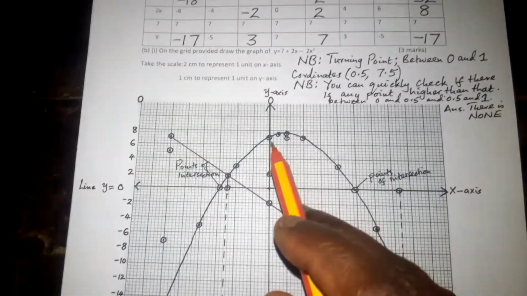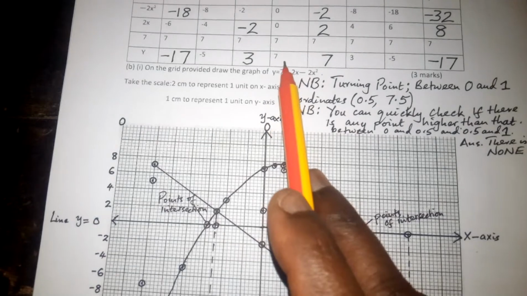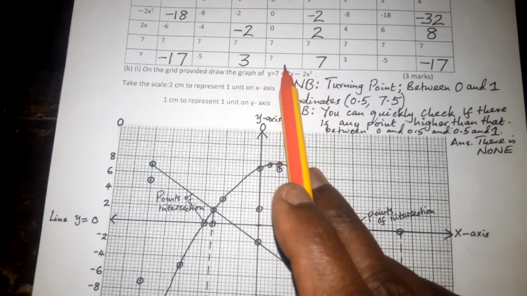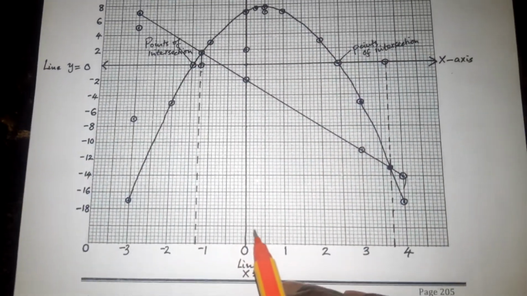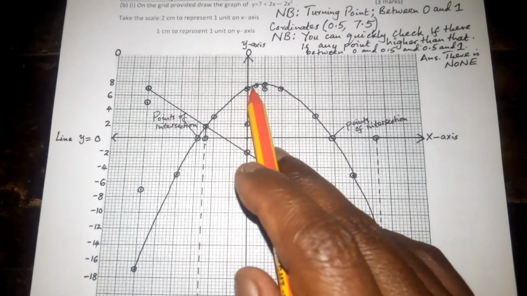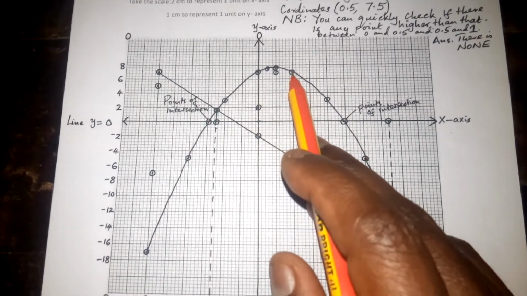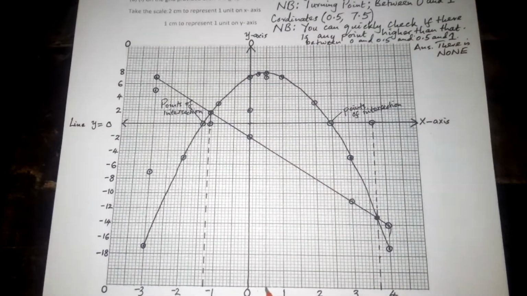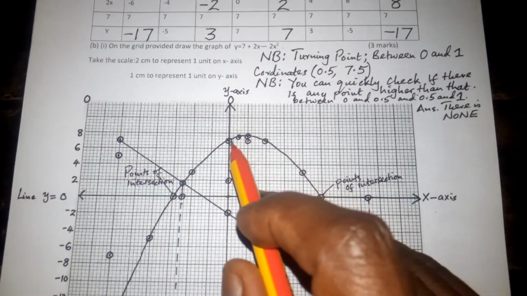But there is something I want us to note. Look at this point here, 7 and 7, that is on y. So we have to take a value in between so that we don't get confused. We have the 7 here, we have the 7 here, and in between is 0.5, so we must check the maximum point or the turning point before we mess up the turning.